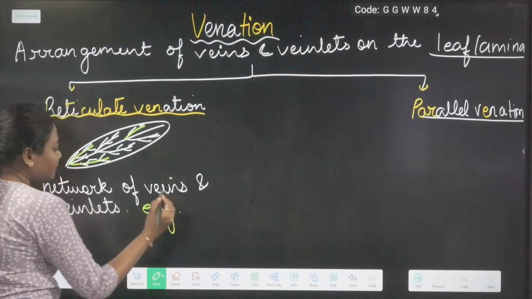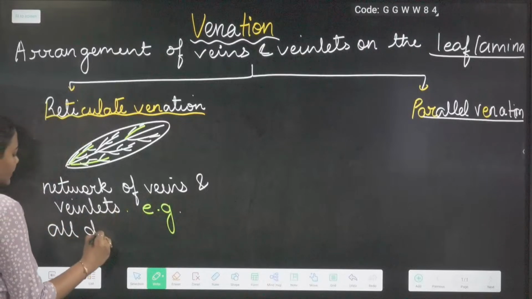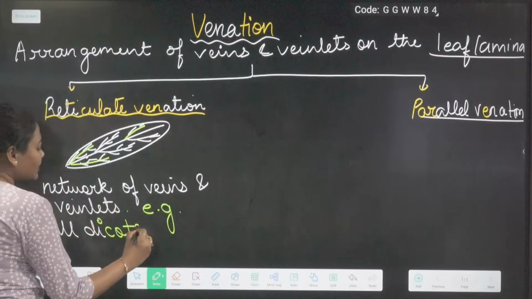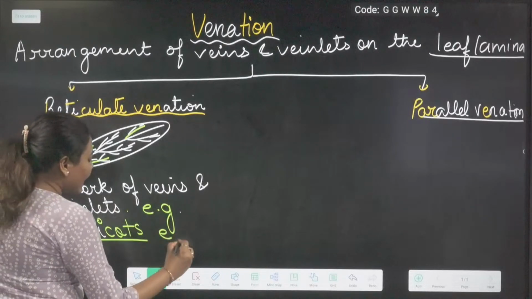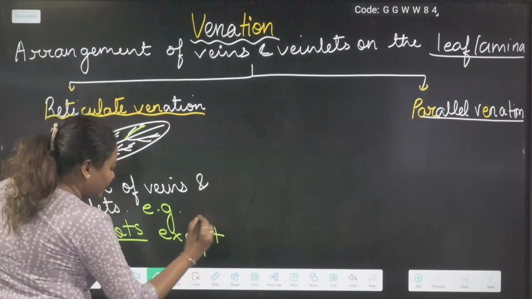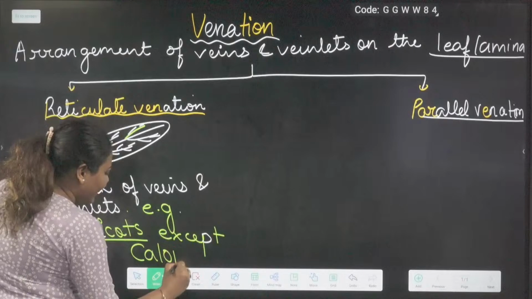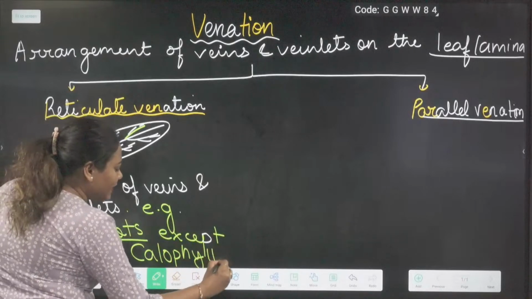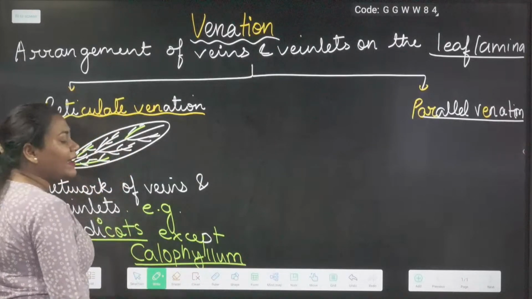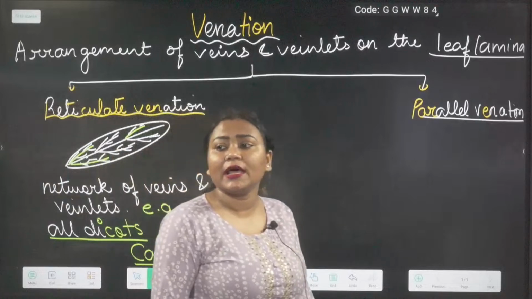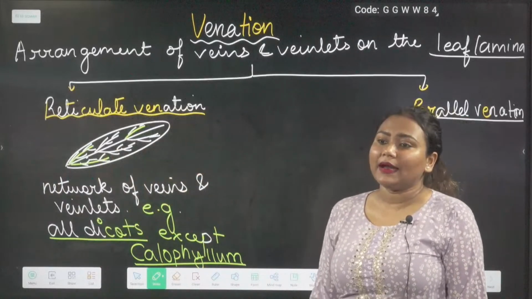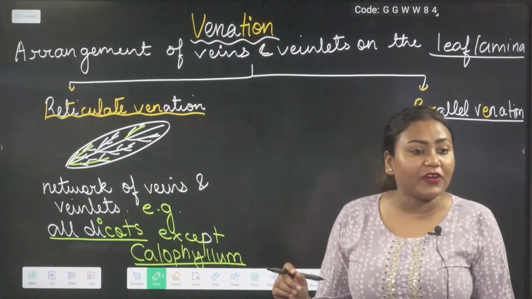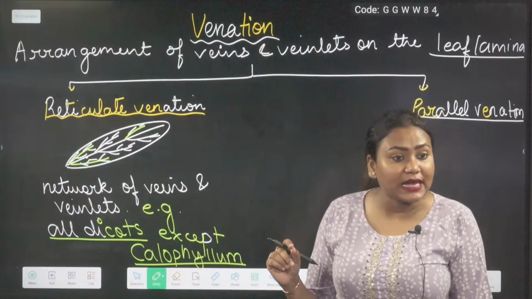All dicots have reticulate venation except Calophyllum. Calophyllum is a dicot plant, but it exhibits parallel venation.